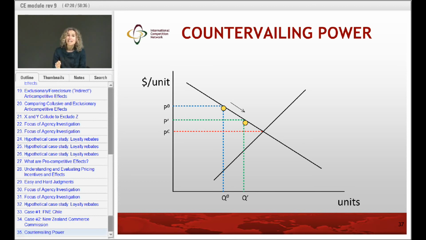In that case, what we have is a depression in price, but the depression in price is not so low that it falls below competitive levels. And because we have a price decrease, as in most such cases, it is associated with an increase in output. This increase in output is efficiency enhancing.